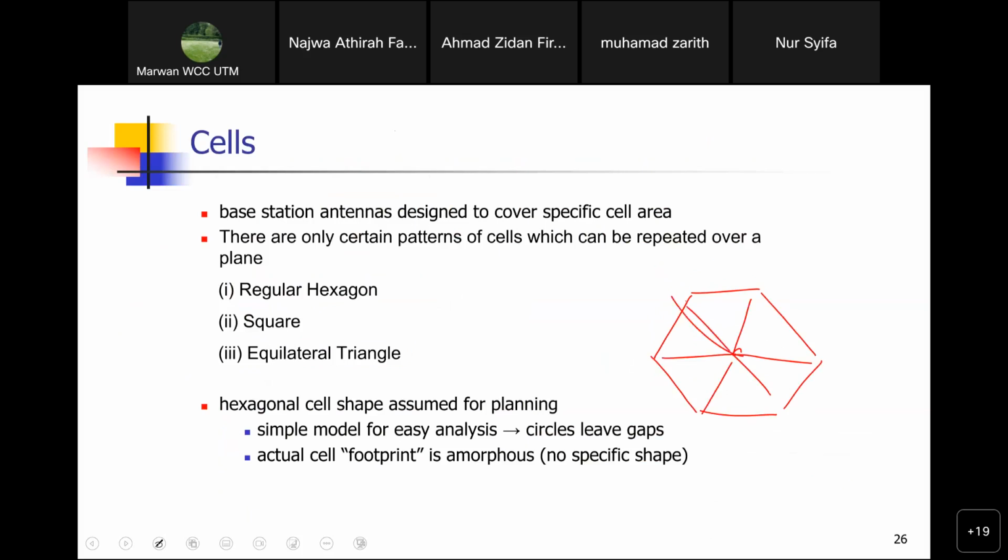So this is an example of a sector of 6, meaning that every sector will have one antenna covering the angle. The normal regular cell is a hexagon. Once you start to have sectorization, it can change into different shapes.